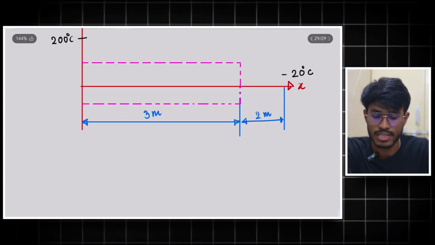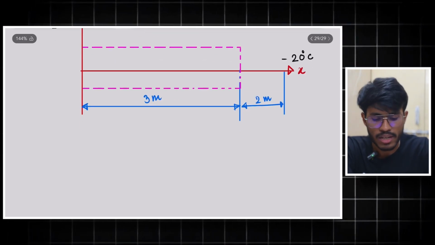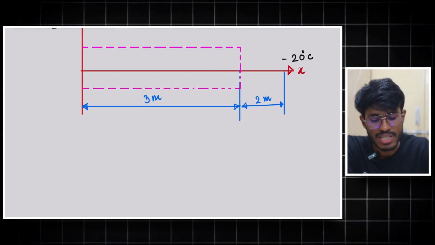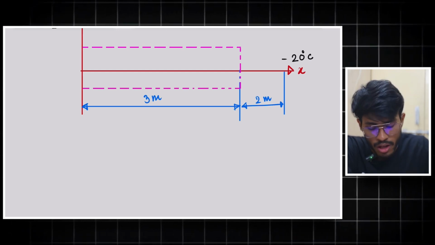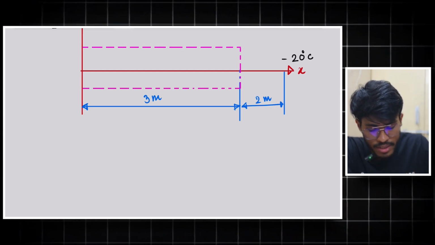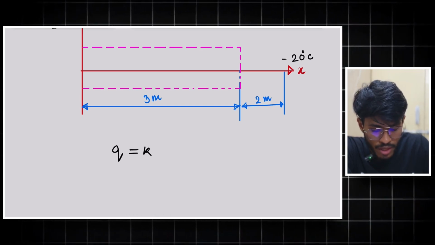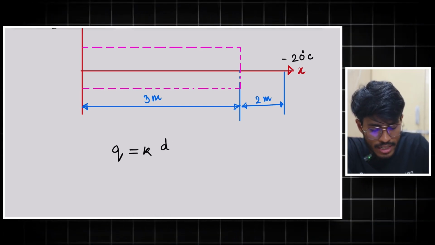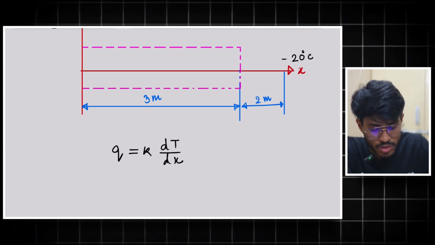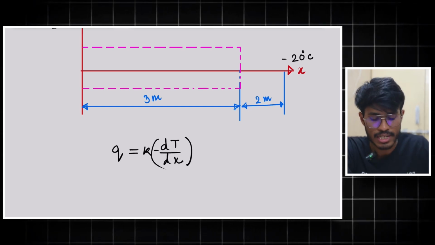Area is not changing. All of you already know Fourier's law, which states that the heat flux q is equal to minus k dT/dx.